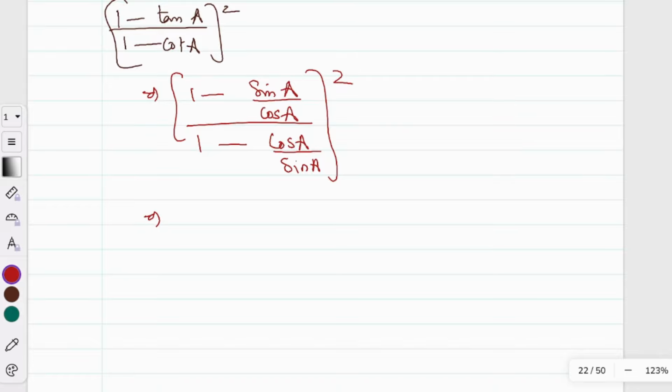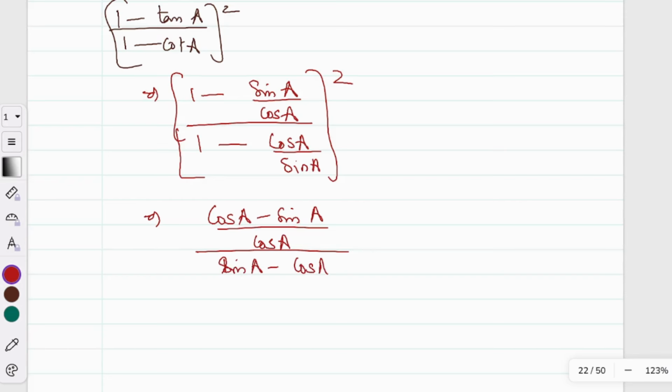Now I need to take the LCM inside the bracket, which gives cos A minus sin A divided by cos A, the whole divided by sin A minus cos A divided by sin A, the whole square.